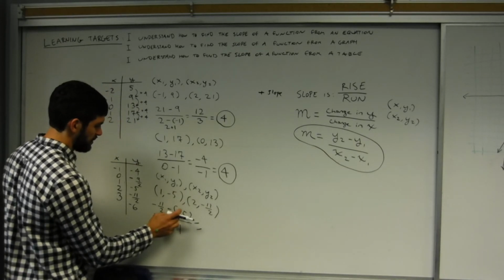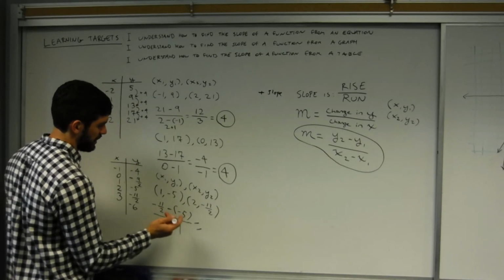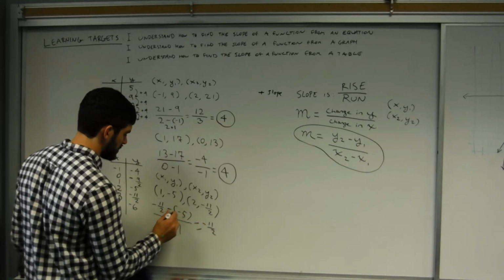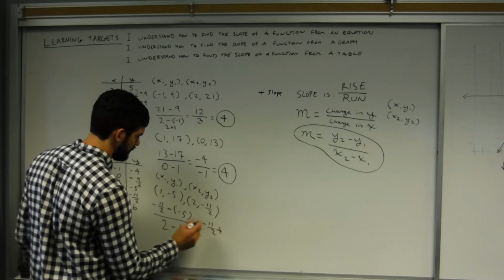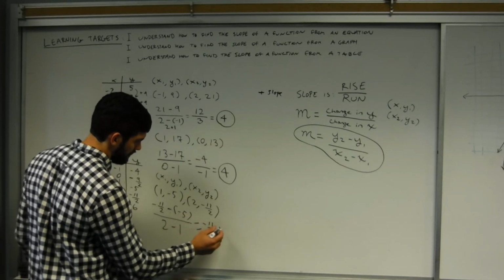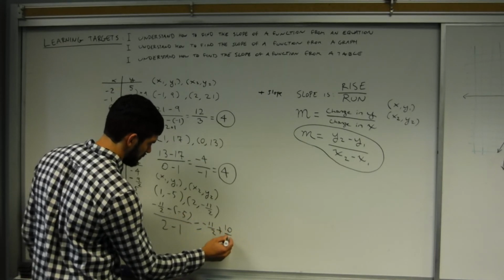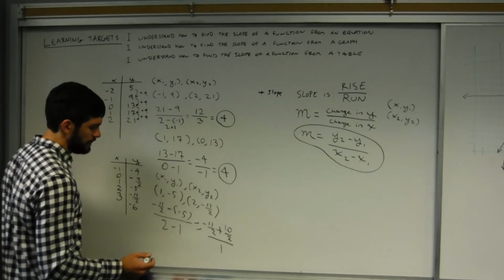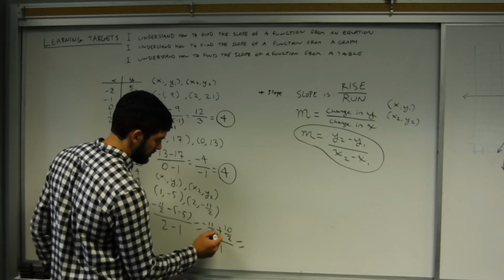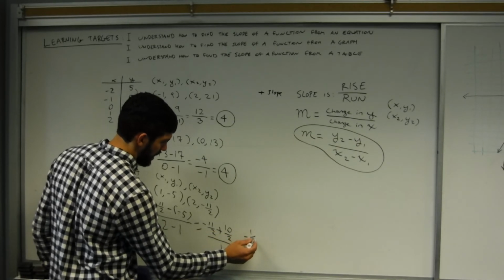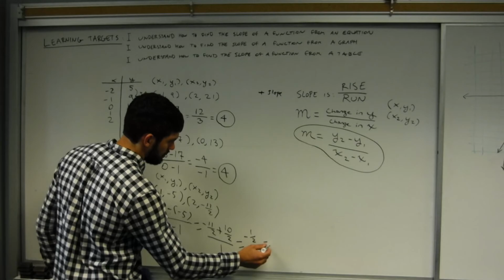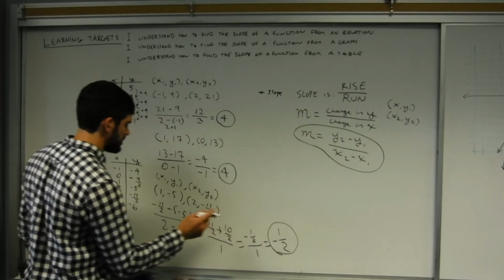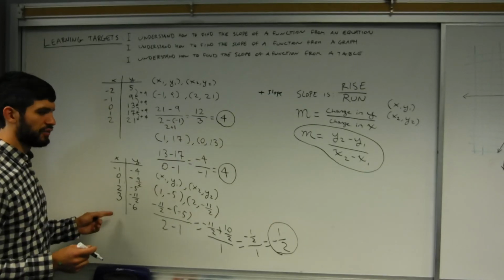In order to subtract these fractions, we need to find a common denominator. A minus, that's a positive, and 5 is equal to 10 over 2, and 2 minus 1 is just 1. So that's equal to -1/2 over 1, which is just -1/2. So the slope of this line is -1/2.